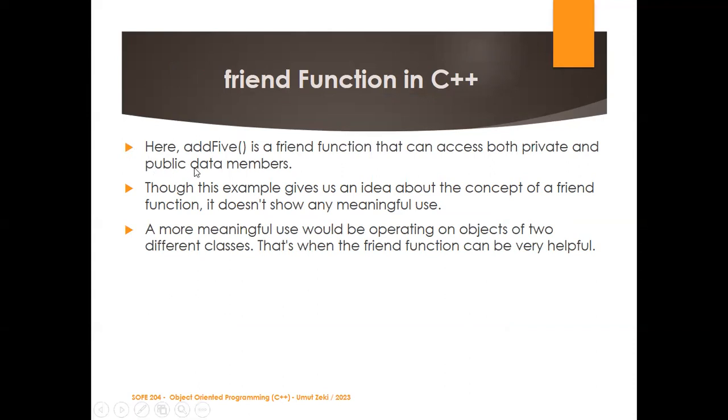So we have some explanation about the code. Here the add5 function is a friend function that can access both private and public data members because of its nature as a friend function. This example gives us an idea about the concept of a friend function. It doesn't show any meaningful use; here we just show how it can be used.